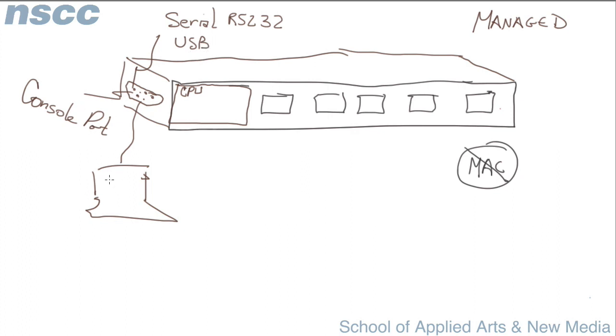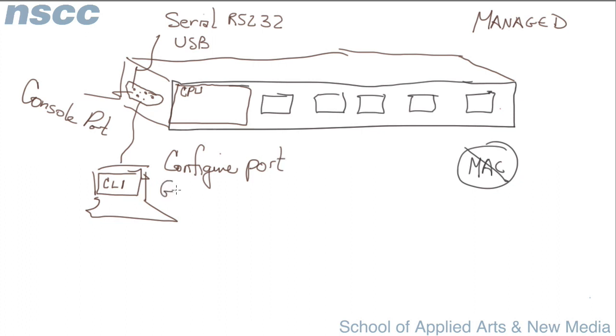But through the console port, you can hook up a computer and you can use a command line interface to send commands to the switch, and you can do things like configure special features on the port.